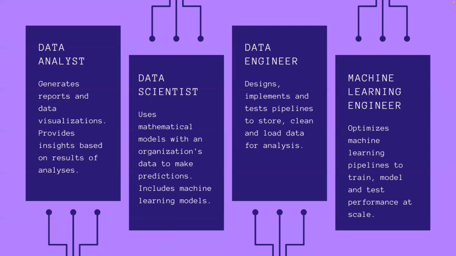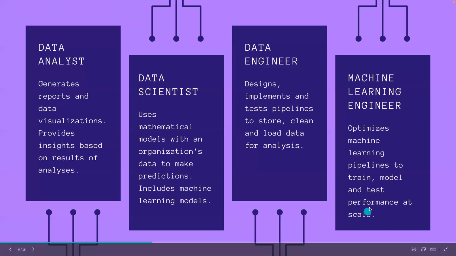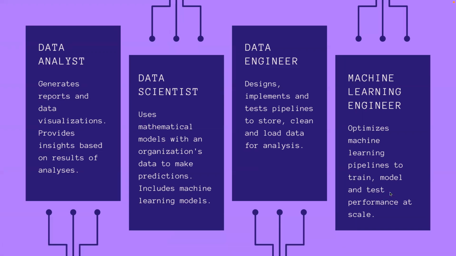And then the machine learning engineer would work downstream, where they would optimize the pipelines that might initially be built by the data scientists to train, model, and test the performance of the model, but at a larger scale.